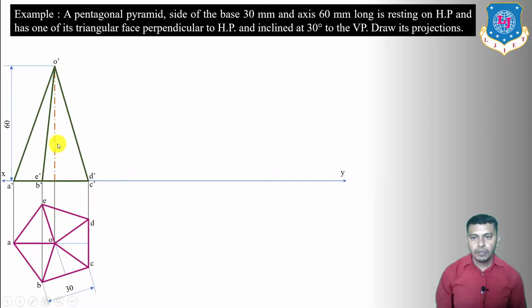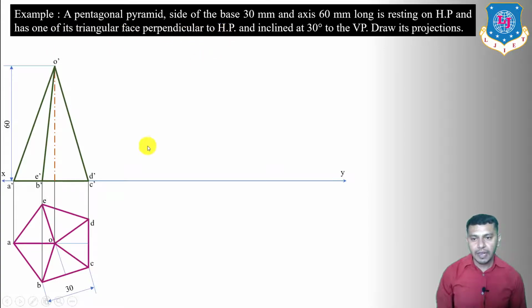Now in the second stage, we have to derive the condition with the horizontal plane, because right now you can see that the pentagonal pyramid is resting on HP. So whenever the pyramid is resting on HP, in the second stage we have to derive the condition with the horizontal plane, and the condition given is that one of the triangular faces is perpendicular to HP.